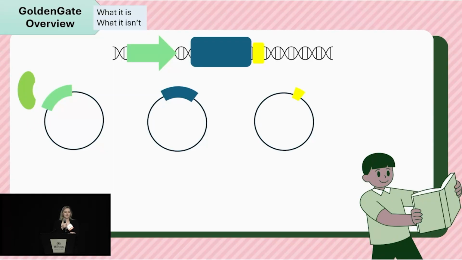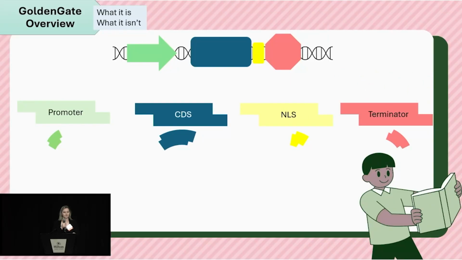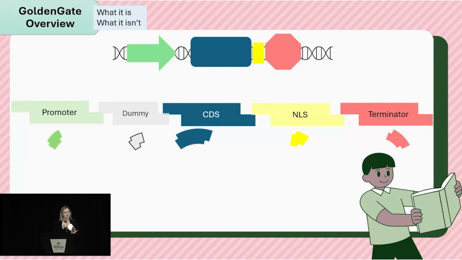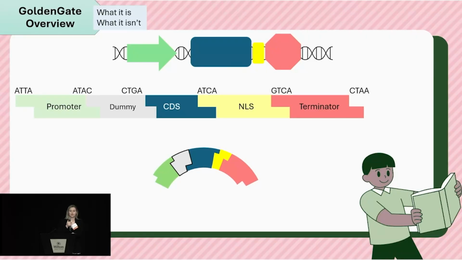You'll use the BsaI to have your multiple different level 0s digested, leaving those overhangs that we talked about earlier. And I'm going to throw in a dummy sequence here, just so that y'all remember that it exists. And then in your one-pot reaction, they'll be able to ligate to each other based on those overhangs that are unique.